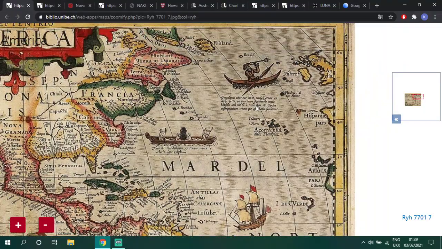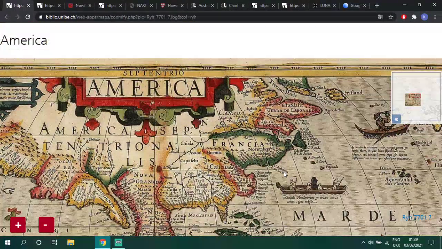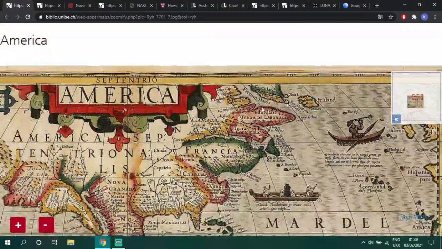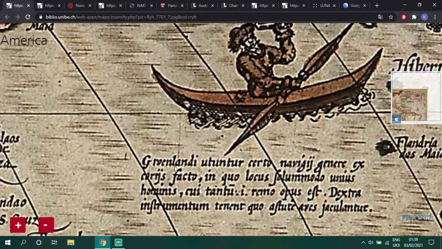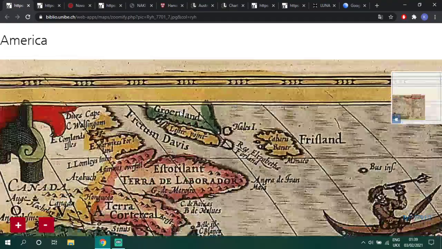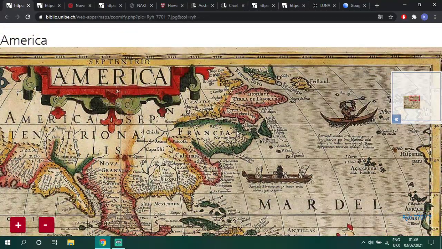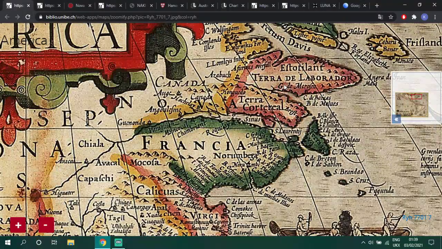Yeah. So there's the giants from Greenland. Greenland's up here. Or Groenland. Although it doesn't say that. It says Groenlandy. So yeah, Groenland, up here. Giants up to the north, and you see how America has been divided.